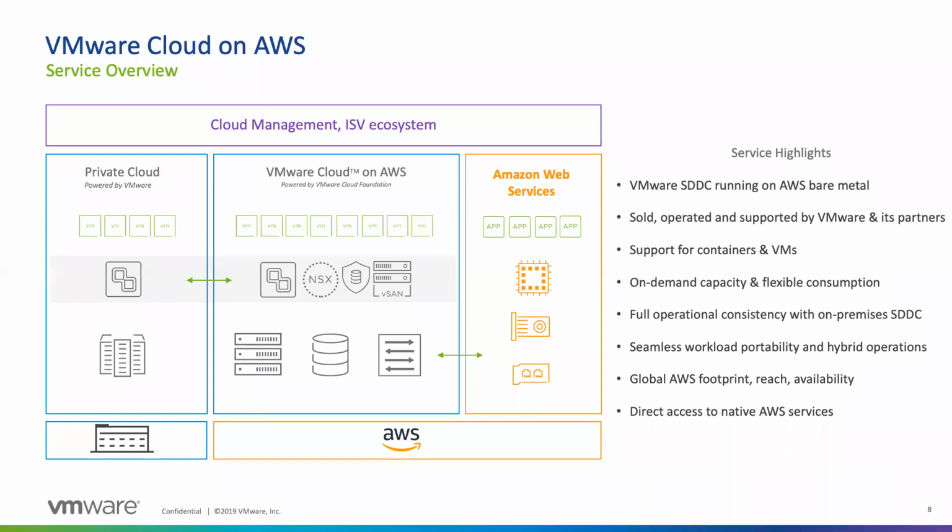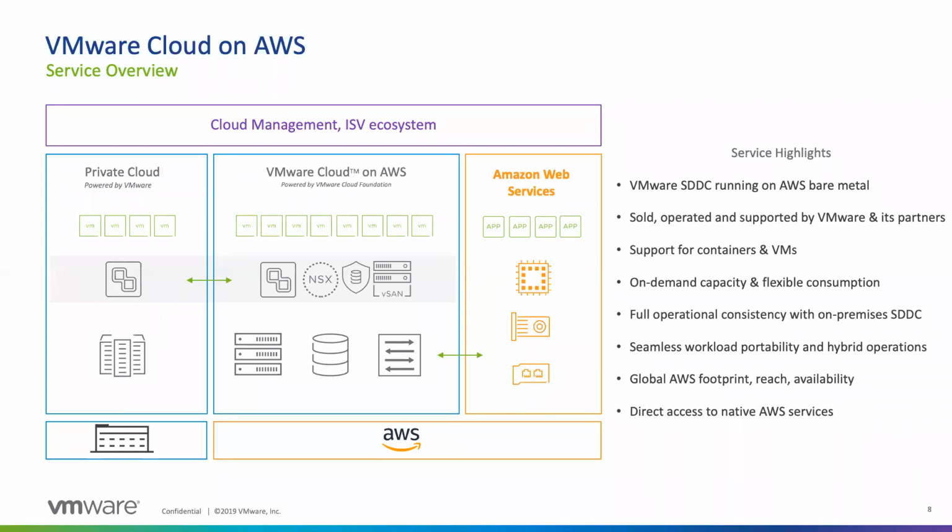We're able to then connect back to on-premises through hybrid linked mode, which allows you to keep that single management pane of glass for management of your private cloud environment, as well as your VMware Cloud on AWS environment. So that gives you that operational consistency between on-premises and the public cloud. And then we also have a very unique link that we jointly developed with AWS that allows us to directly access native AWS services from virtual machines running on VMware Cloud.